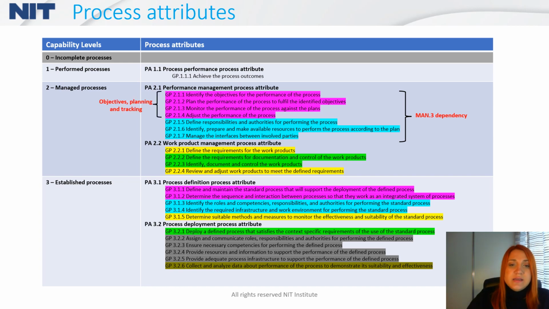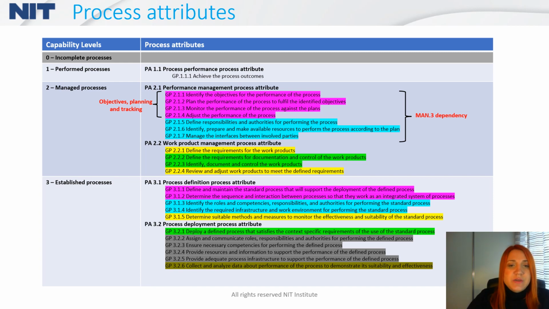Then, in this first part, the first four of them, we have some grouping of the management activities, like objectives, planning, and tracking. And when you read through them, you will see that they're really connected to the management process of any of the processes.